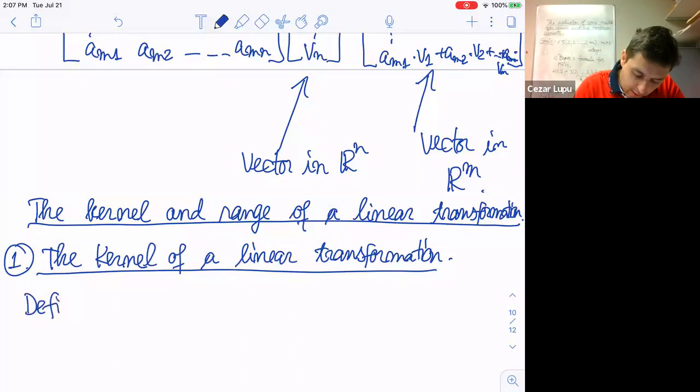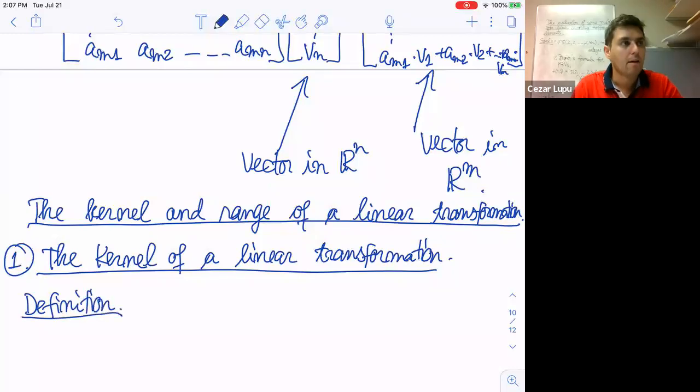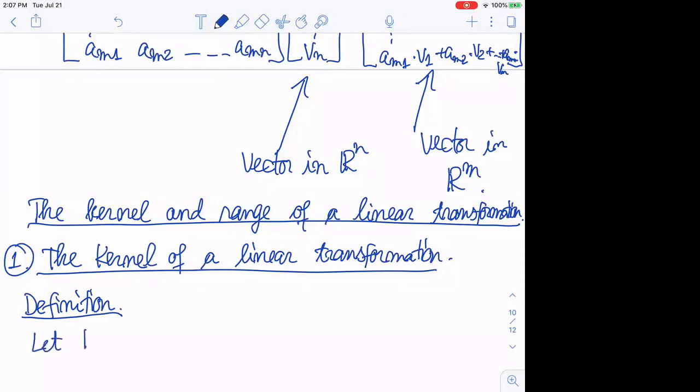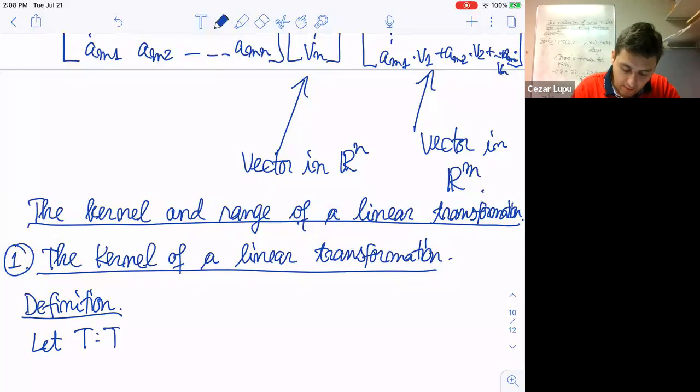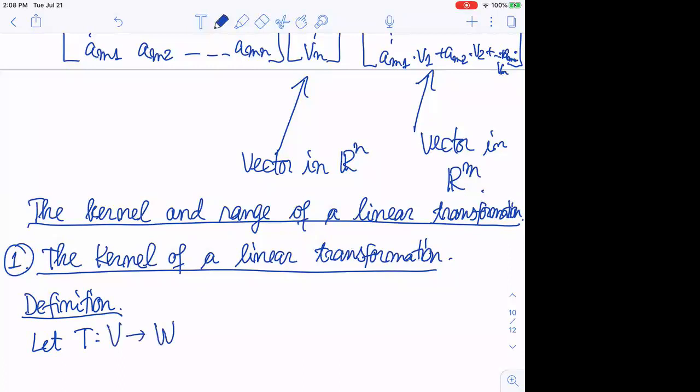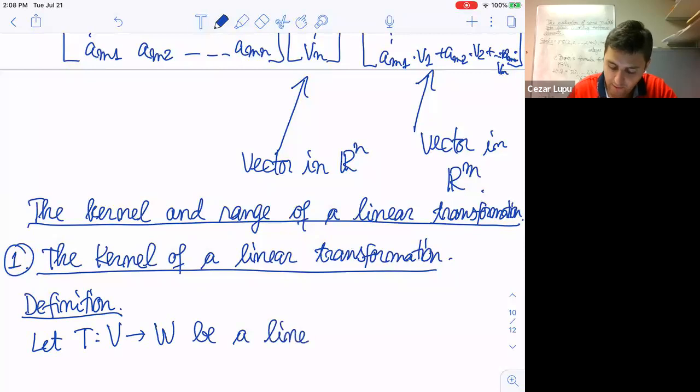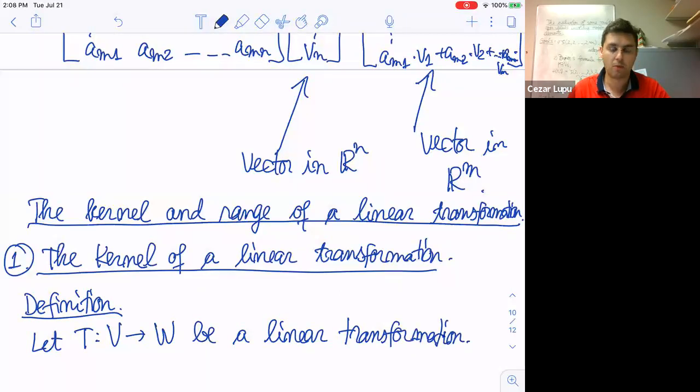So we have the following definition. Consider a map T from V to W, from two vector spaces V to W, be a linear transformation. You know what that is at this point.